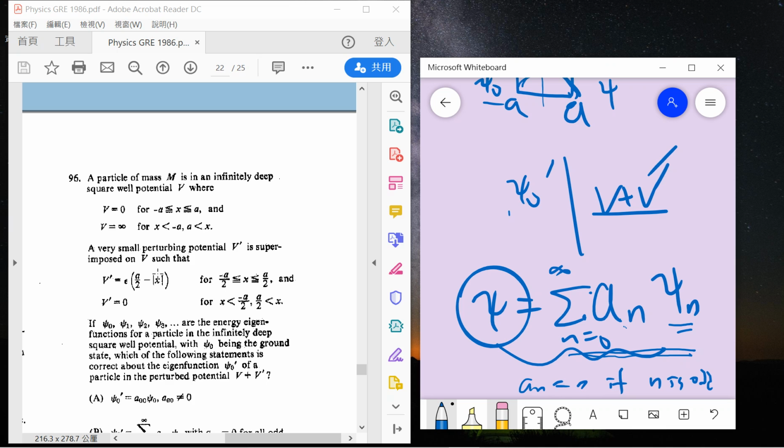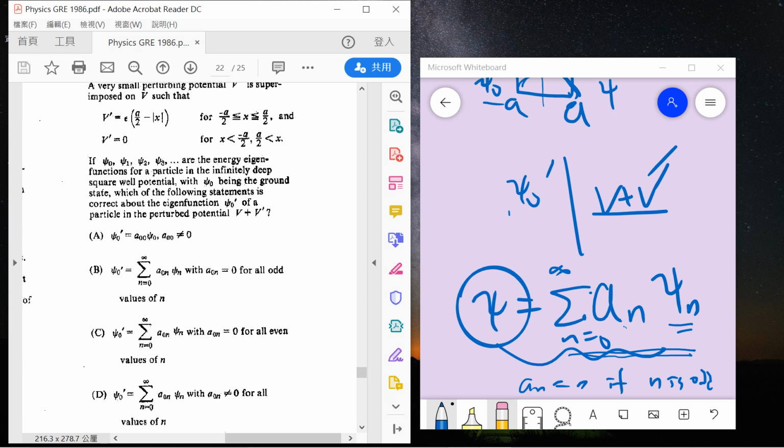So we know that if the potential in one dimension is even or odd, then we can choose a wave function to be even or odd. So our original ground state is even. So after an even potential perturbation, it should still be even. So B said that this a_n is 0 for all the odd n. So B should be the answer.